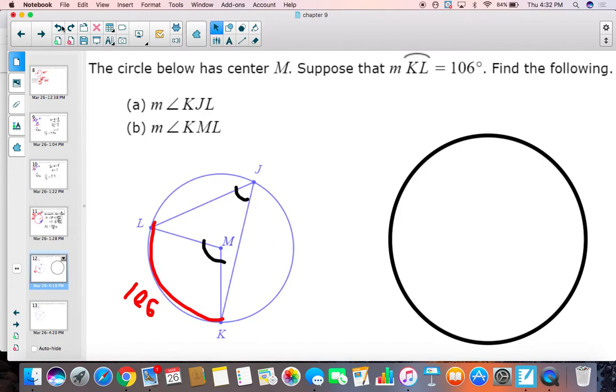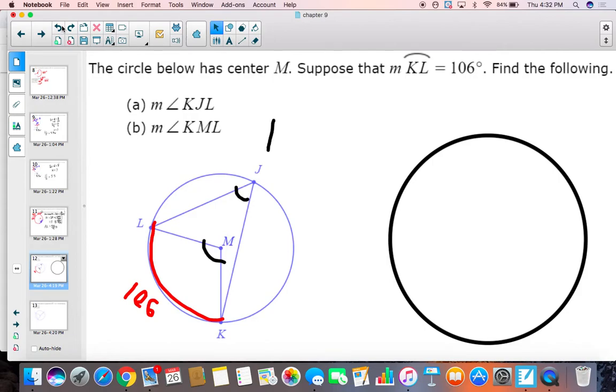And remember, I said this video is going to be talking about inscribed angles and central angles. So which one here is going to be our inscribed angle? Yep, it's going to be this KJL. Remember that an inscribed angle is an angle with its vertex on the circle and the sides contained as chords. So these sides of the angle KJL are the chords.